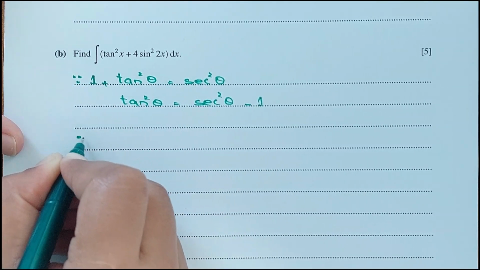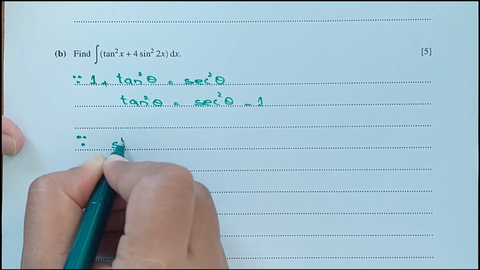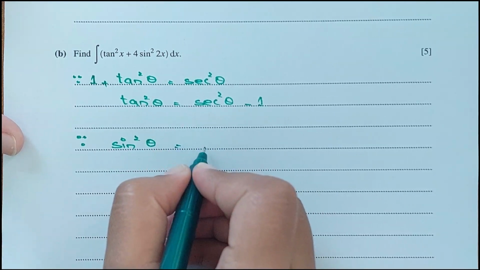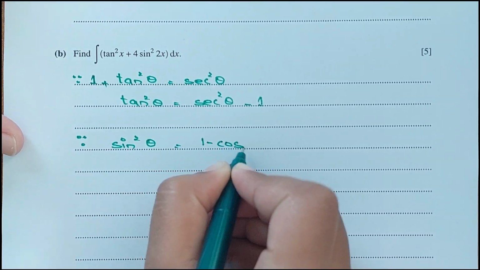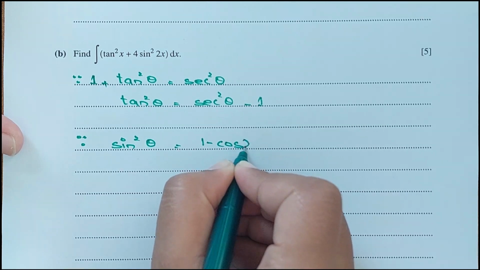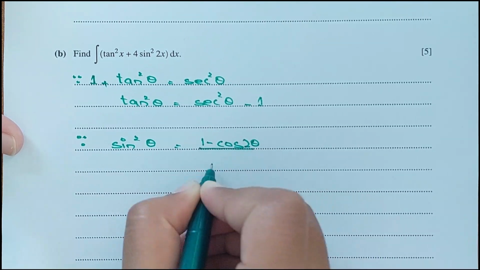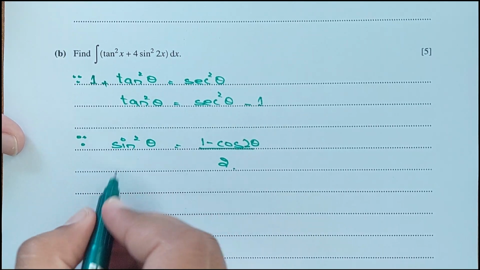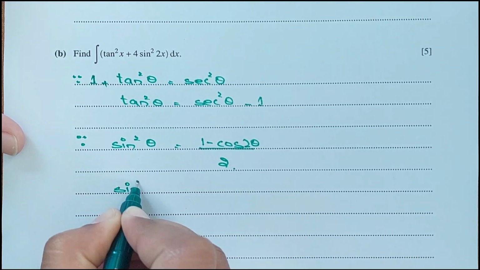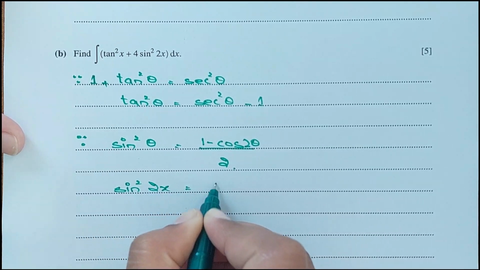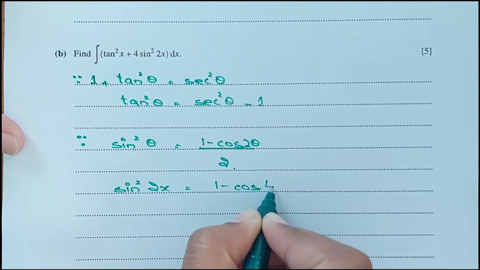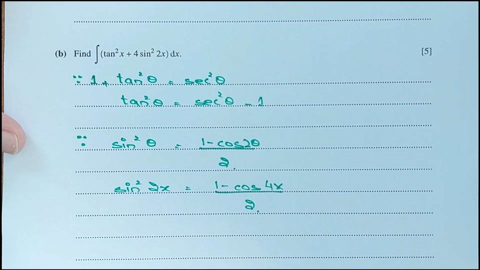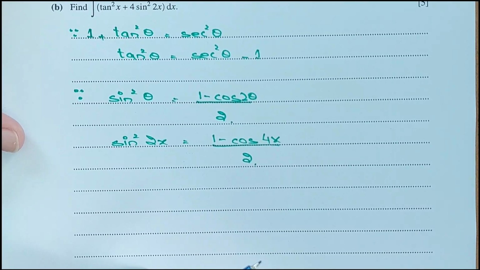And the other identity we are using is for sin square θ. Sin square θ is (1 minus cos 2θ) divided by 2. So here we have sin square 2x is (1 minus cos 4x) divided by 2. Right, let me use these identities in the integral.